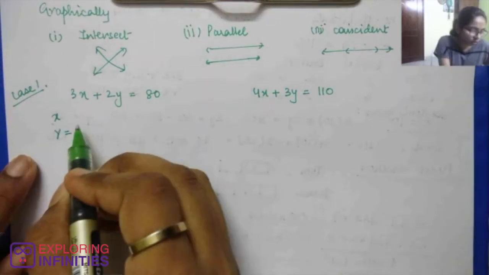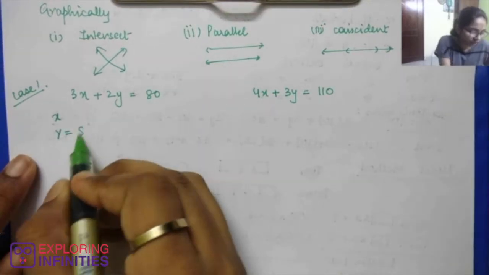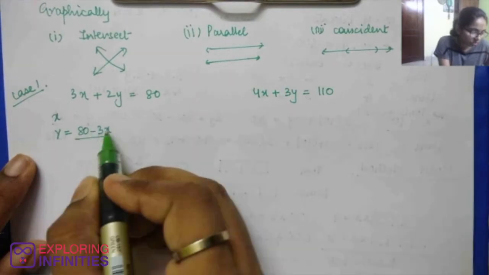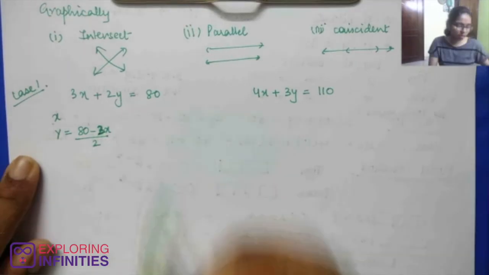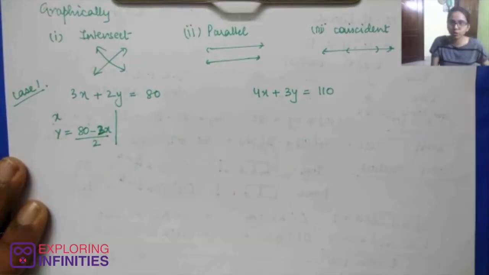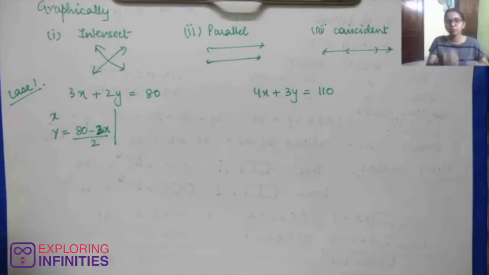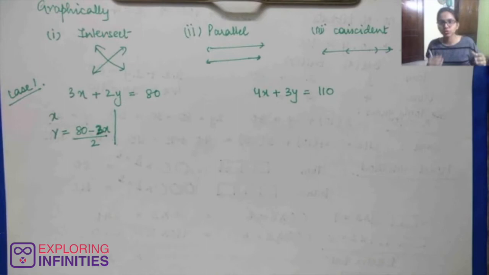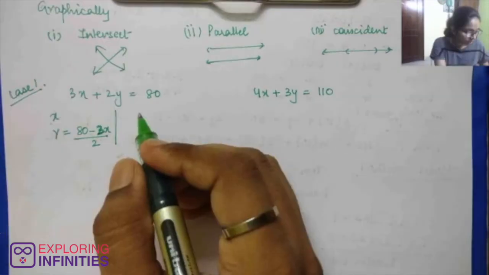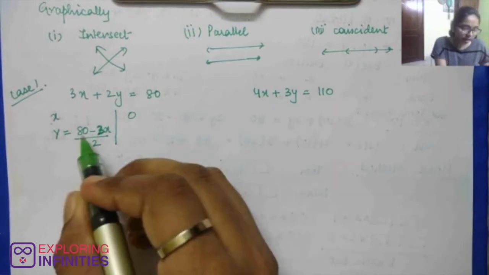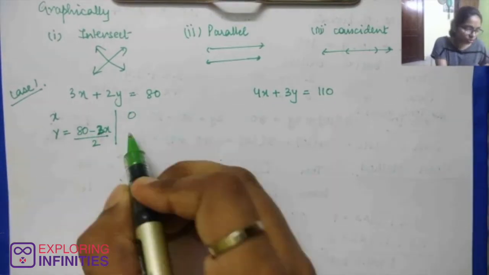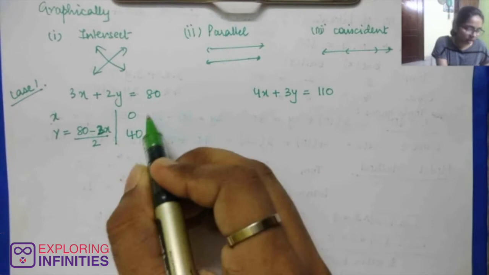I'm taking y to be equal to (80 minus 3x) upon 2. Now, as we usually do to plot a graph, we keep putting random values for x and then find the answer for y. I give my x to be 0, so I get (80 minus 3 times 0) by 2. The answer is 40. So I have my first point as 0, 40.